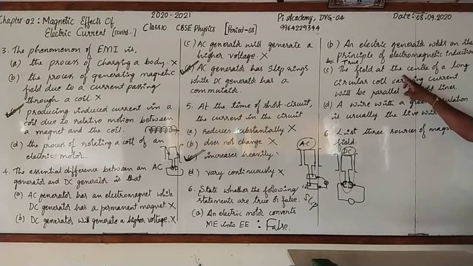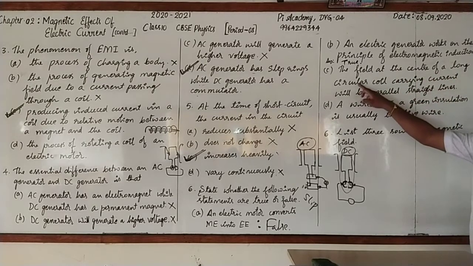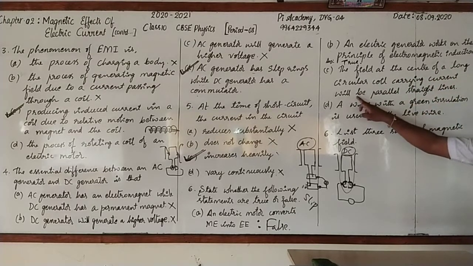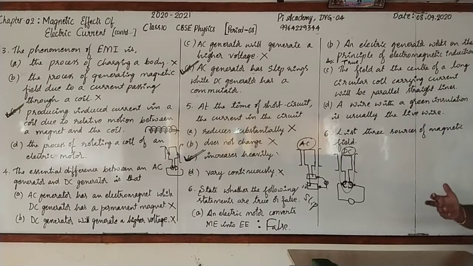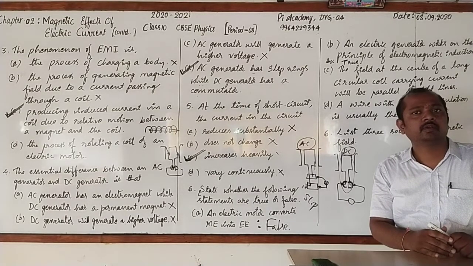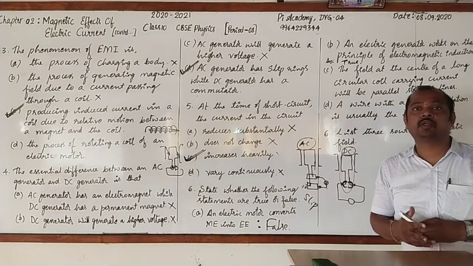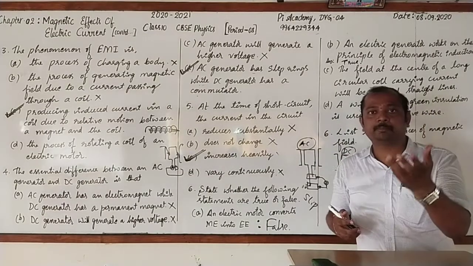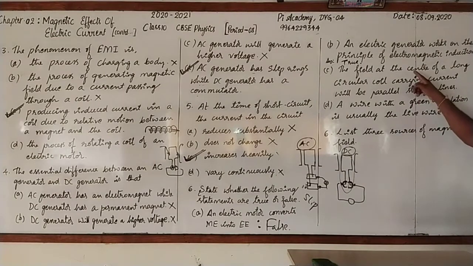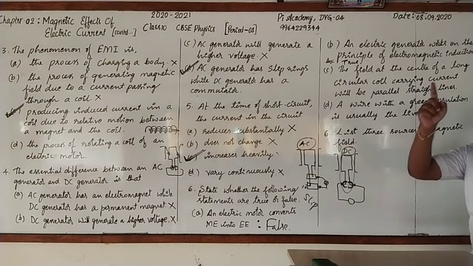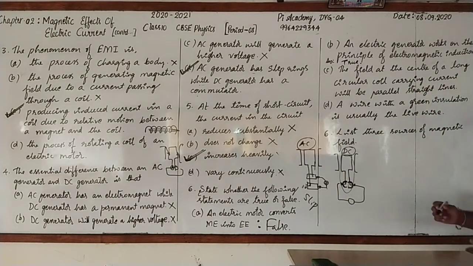Next, please go through C1. The field at the center of a long circular coil carrying current will be parallel straight lines. Is it right? Then you have to recall the concept that the pattern of magnetic lines of force around a circular conductor carrying current. Just observe it. This is circular conductor carrying current.